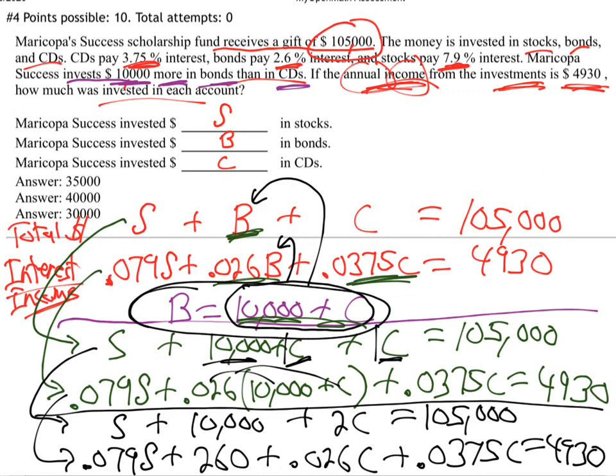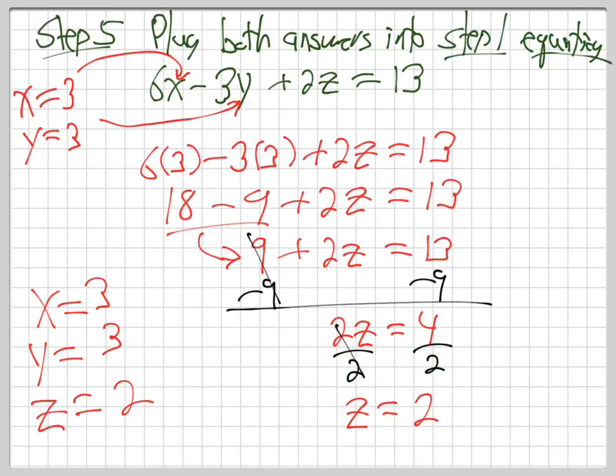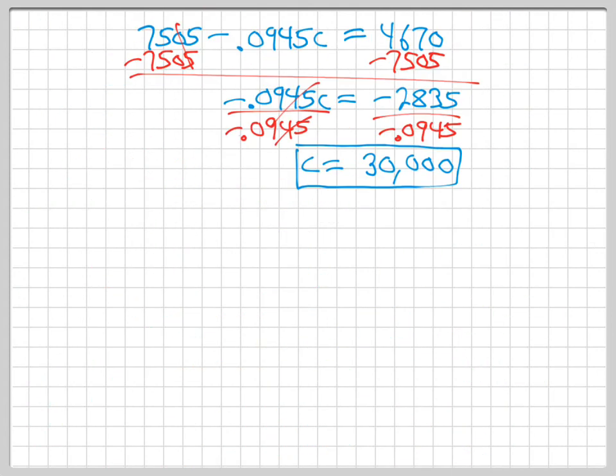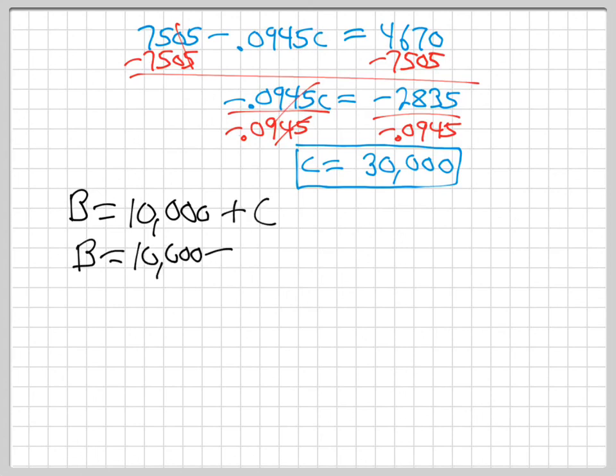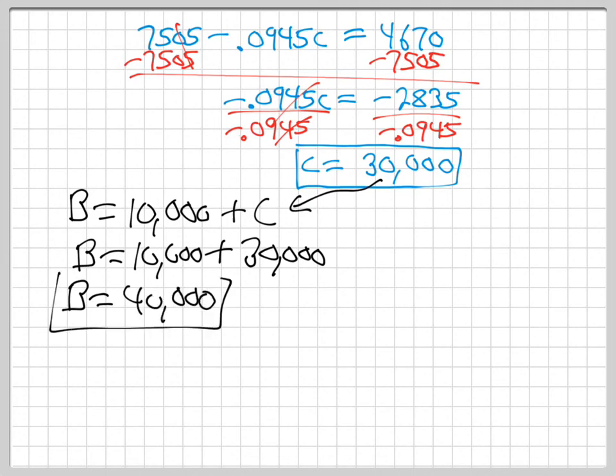B equals 10,000 plus C. Choose that one. Bonds is 10,000 more than CDs, right? So bonds is 10,000 plus CD. Plug in 30,000 for CD. So bonds must be $40,000. Must have been invested in bonds.